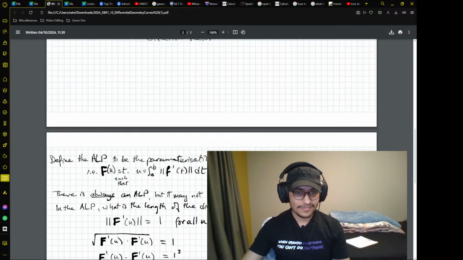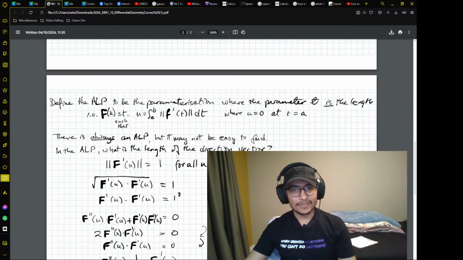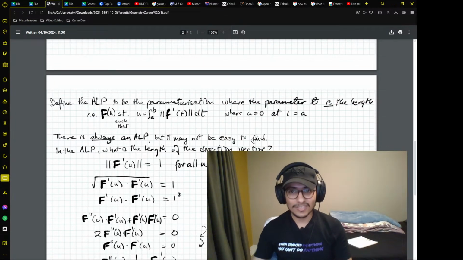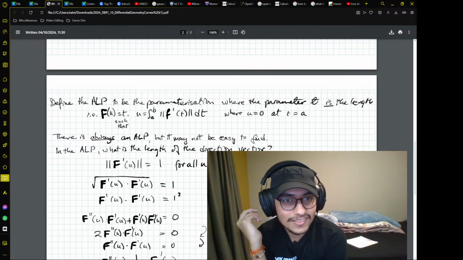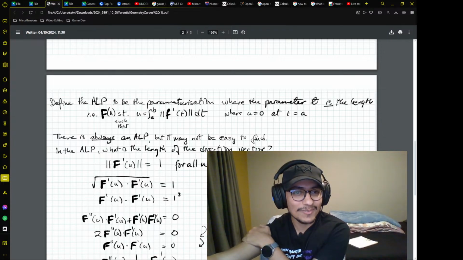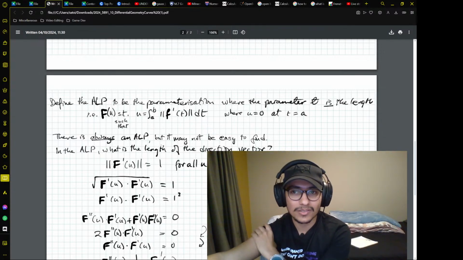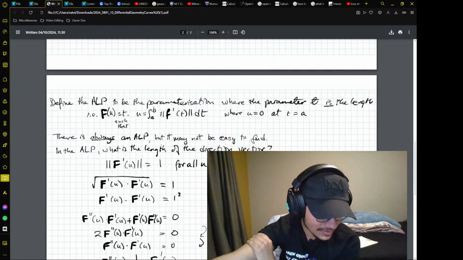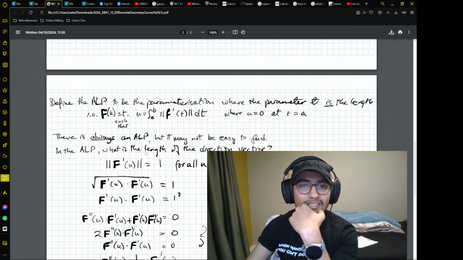Then define the ALP to be the parameterization where parameter t is the length.